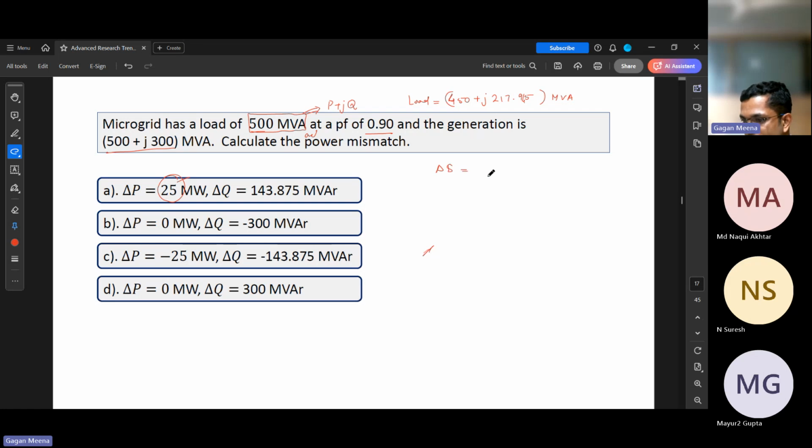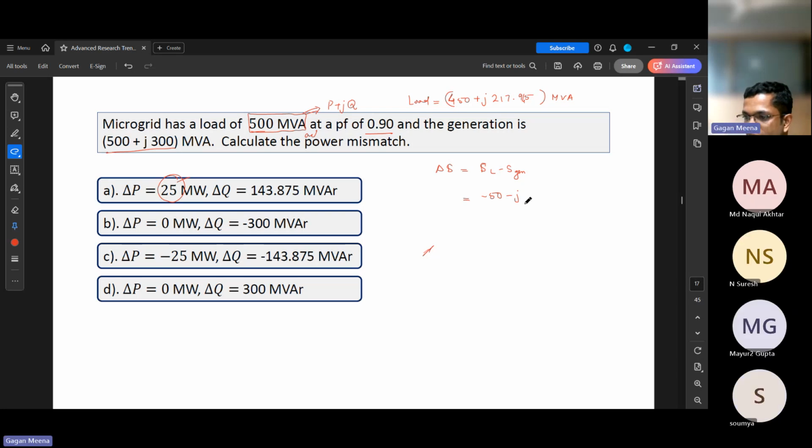Since the total mismatch is S load minus S generation, it will be minus 50 minus j, 300 minus 217, so approximately minus j83. None of the answers is correct here.